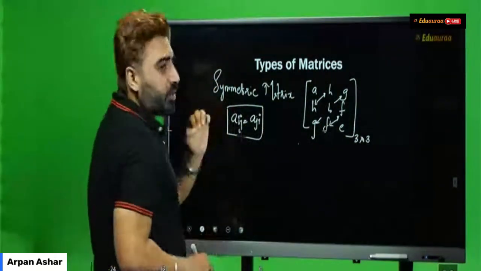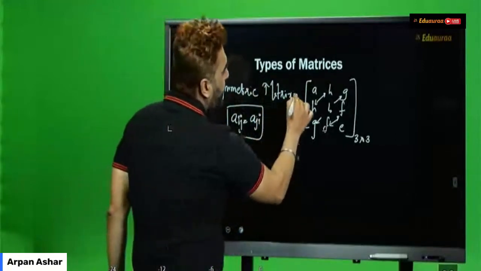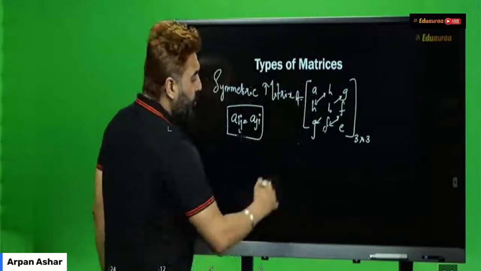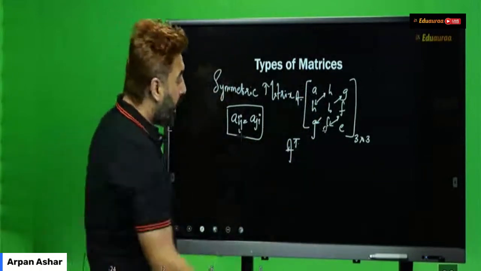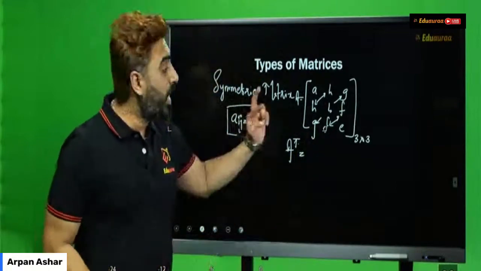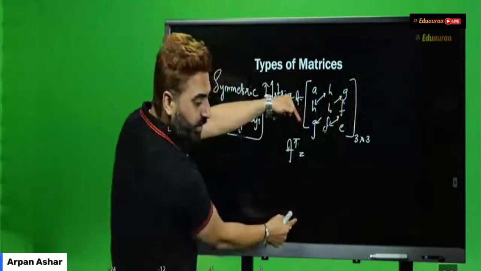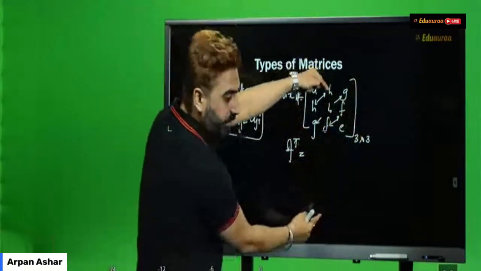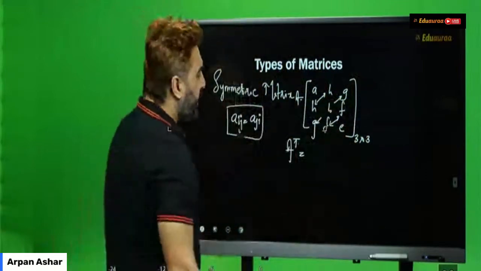We denote the transpose with T. Let's say this is a matrix A, so the transpose will be AT.